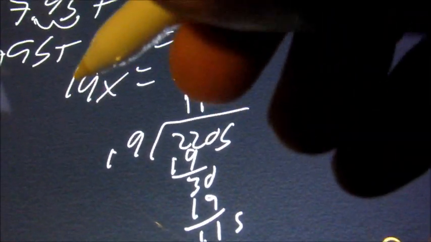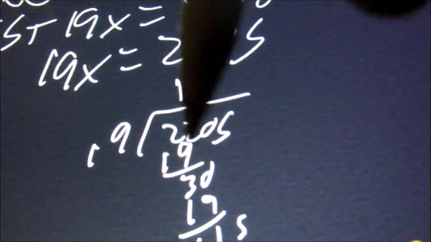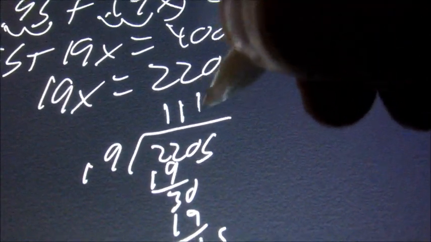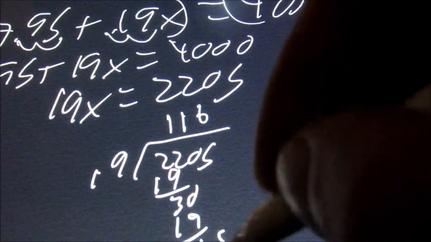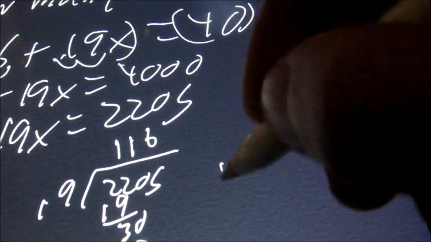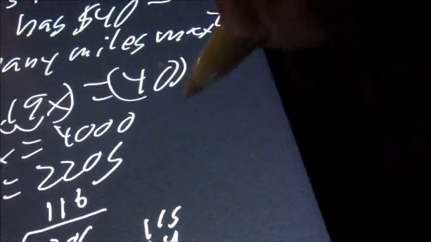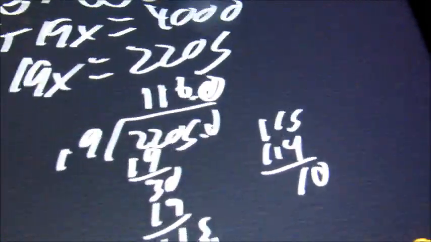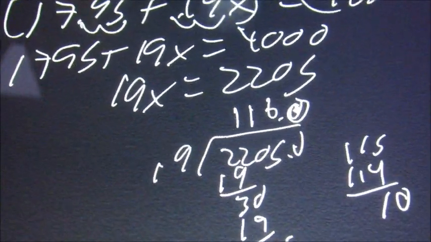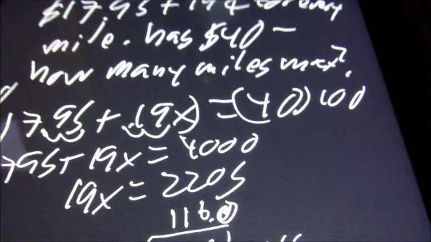Bring down the 5. 19 will go into 115 6 times. So this is going to be 116, and we're going to put a 0, and it'll go 0 times. So if we round it to the nearest whole number, it's going to be 116 miles.